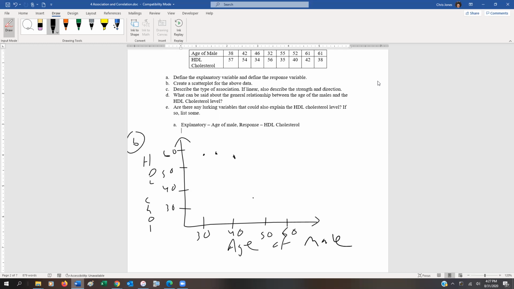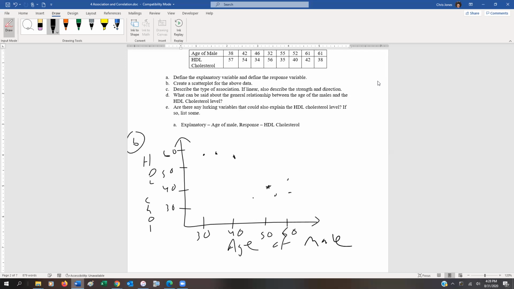And 55, 35 is right about here. 52, 40, right about here, as best as we can. 61, 42, so that's going to be right about here. And finally, 61, 38, same place, except maybe right about here.